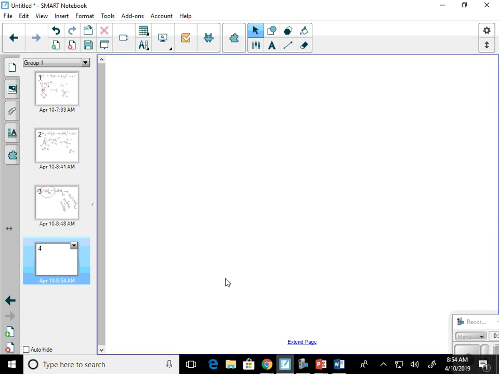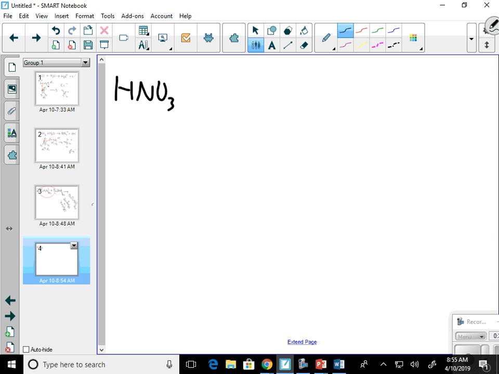So nitric acid was HNO3, and our acids are always going to be aqueous. Calcium carbonate, however, is a solid. Again, limestone, marble, chalk, bone. What makes calcium carbonate different is it's not a base that ends in hydroxide.